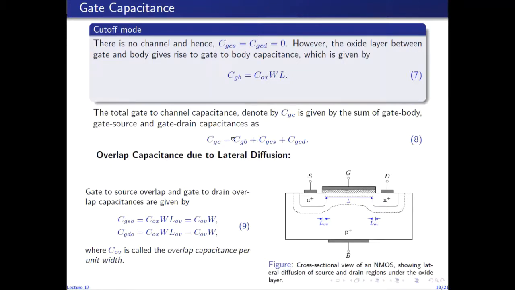So these two components, that is the component of the gate capacitance due to channel and the component of the gate capacitance due to overlap with the source and drain regions, they define the total gate capacitive effect in the MOSFET devices.